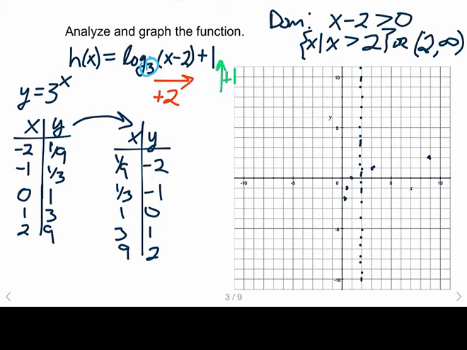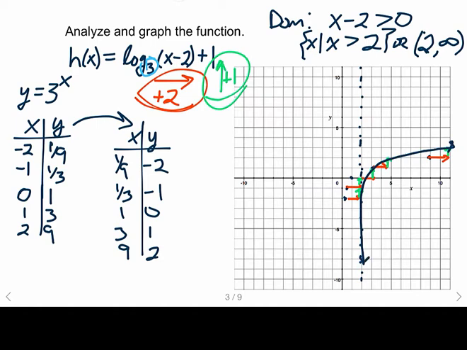And then we go for the horizontal and vertical translation. And so each of these points that I plotted is going to get moved to the right by 2 units and up 1 unit. Drawing the resulting curve gives me a logarithmic function that has been moved up 1 unit and to the right by 2 units.